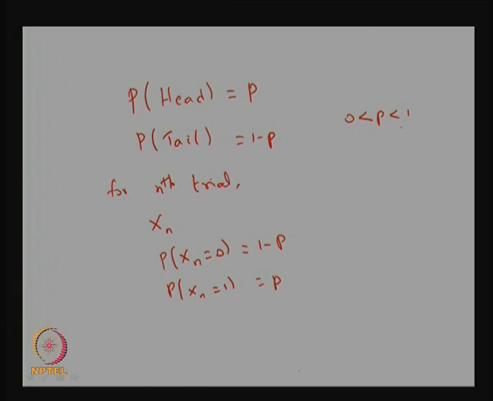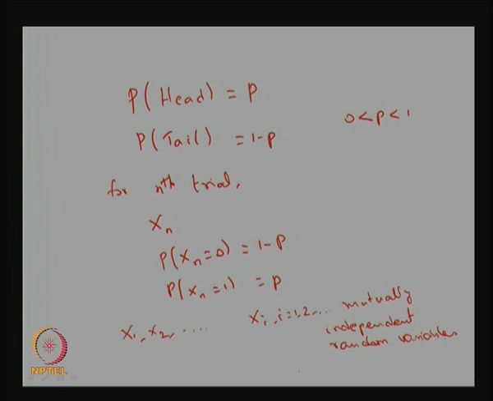Thus, you have a sequence of random variables X1, X2 and so on, and this forms a stochastic process. Assume that all the Xi's are mutually independent random variables.